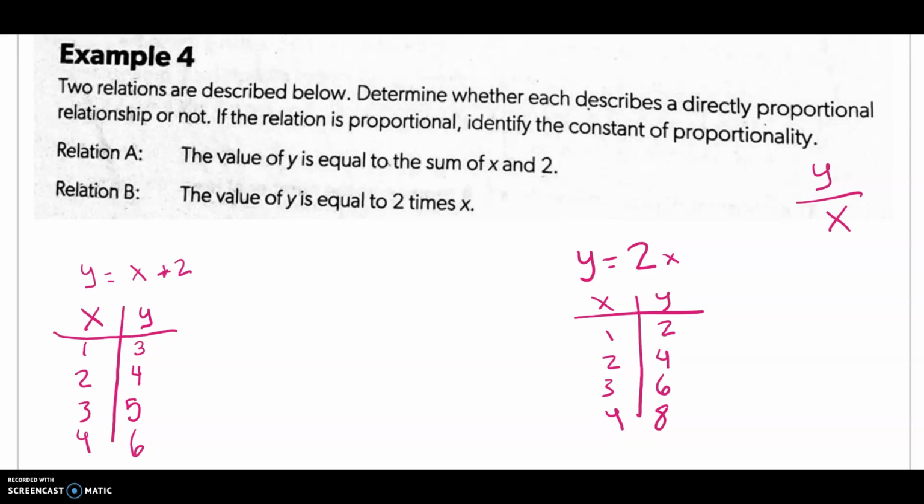Y over x. So in our first relation, we have a 3 over 1, a 4 over 2, a 5 over 3, and a 6 over 4. If we simplify these, we get a 3, because 3 divided by 1 is 3. 4 divided by 2 is 2. 5 divided by 3 is just 5/3 or 1 2/3.